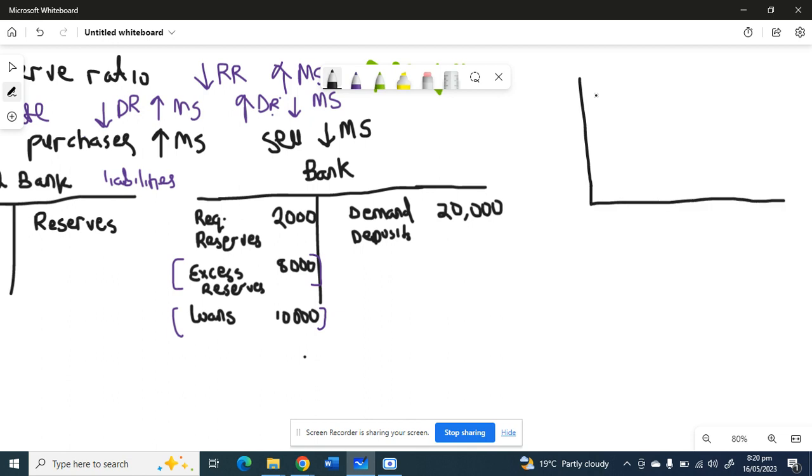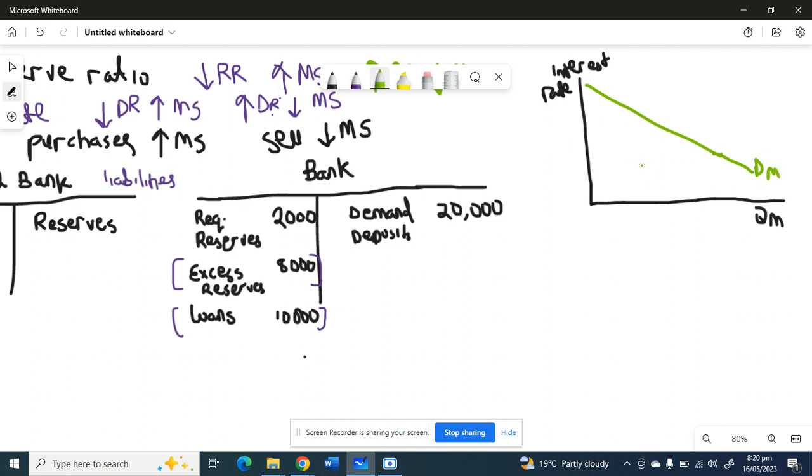On the y-axis, we have the interest rate. On the x-axis, we have the quantity of money. Then we have the money demand curve, an inverse relationship between the interest rate and the quantity of money.